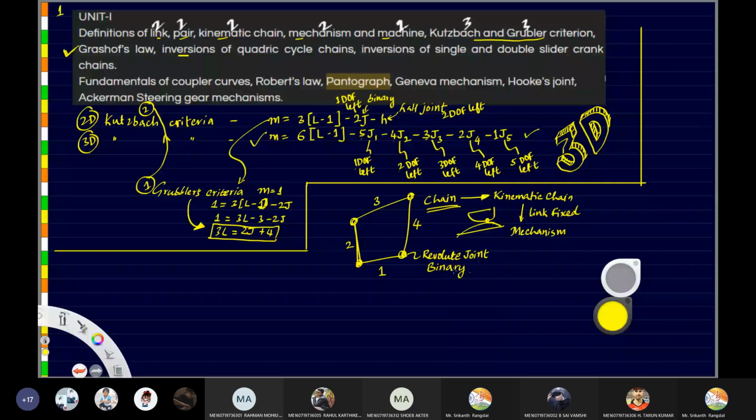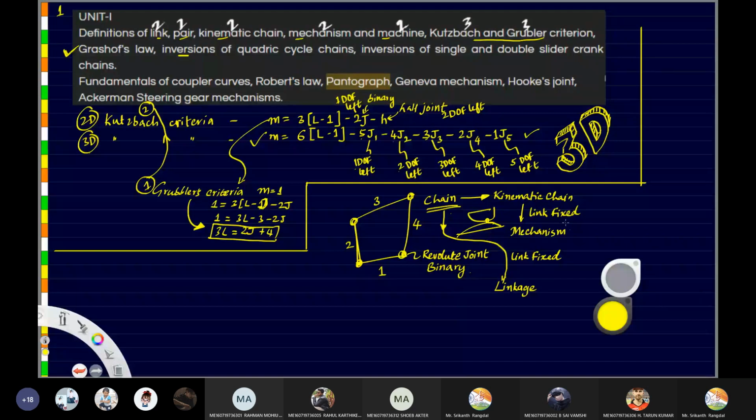And if we take any chain and fix one of the linkages, then what do we get? This is where we will get a linkage. We have already discussed in detail what is a mechanism, whether all mechanisms are linkages, whether all linkages are mechanisms, whether all kinematic chains are mechanisms, and whether all mechanisms are kinematic chains.